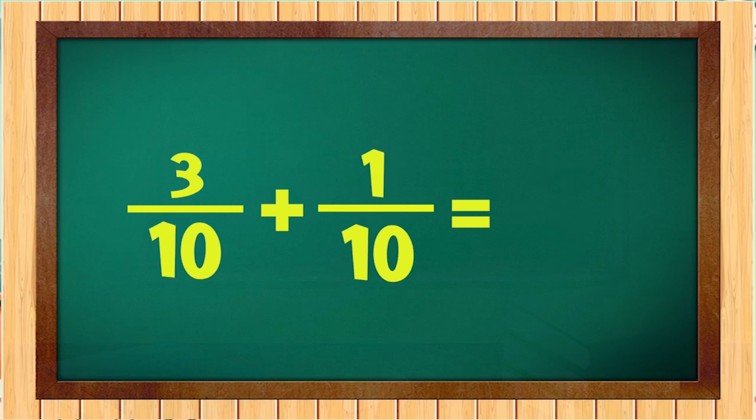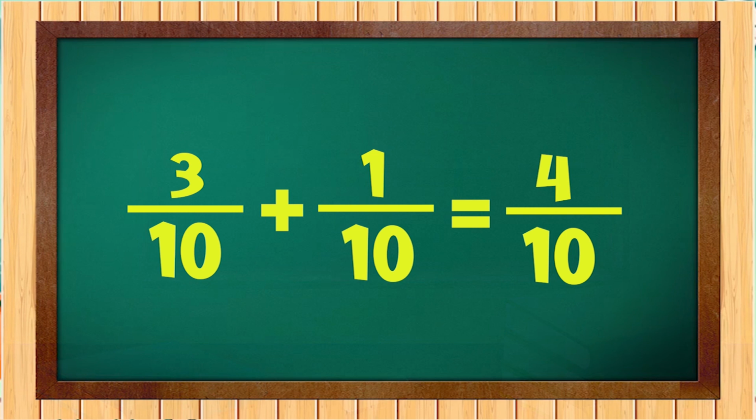3/10 plus 1/10. We never add our denominators. We only add our numerators. Our numerators are 3 and 1. 3 and 1 will give us a total of 4. And we replace our common denominator, which in this case is 10.